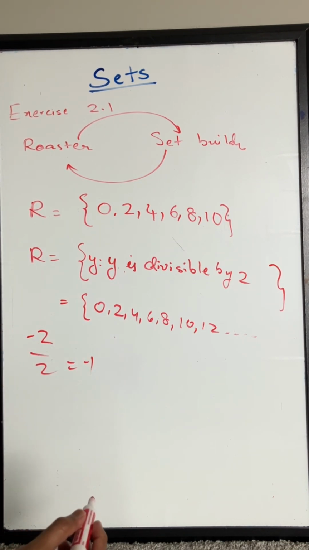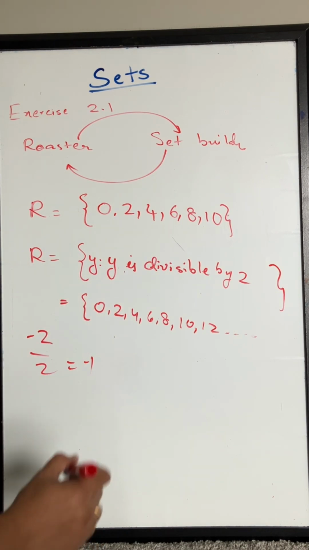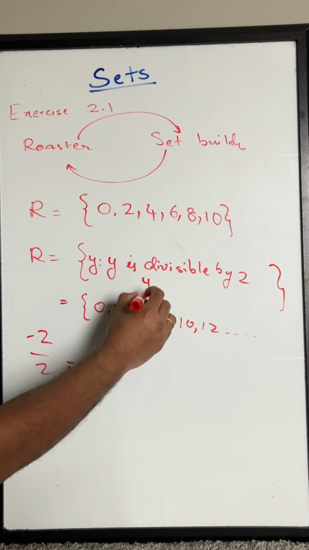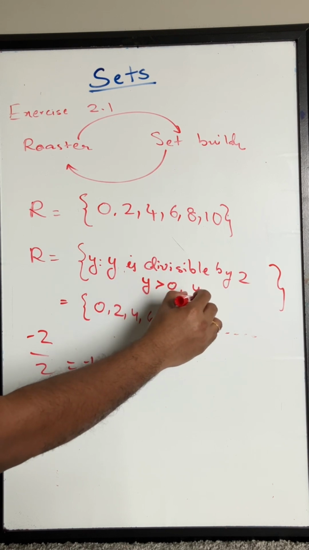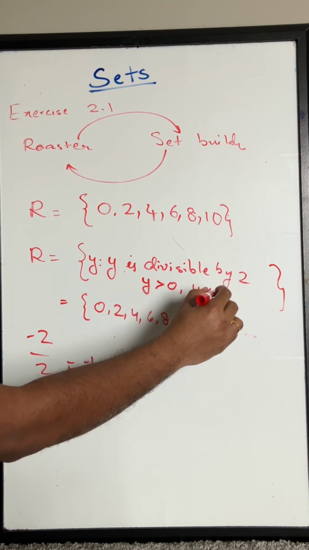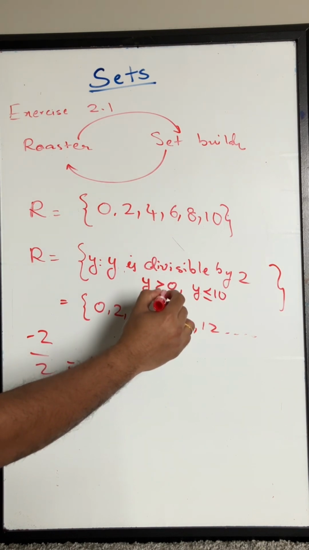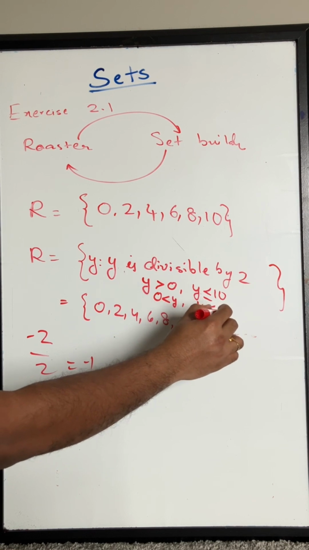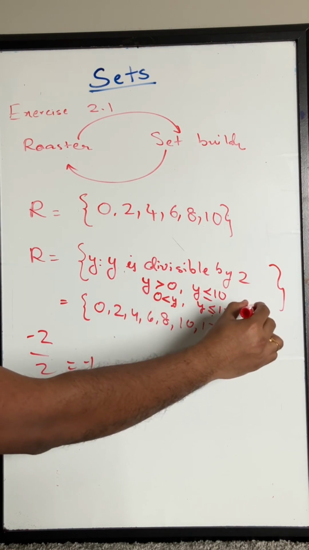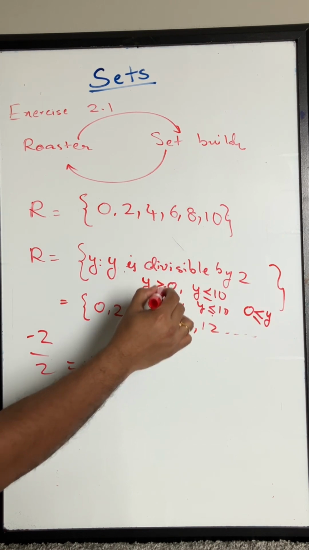To avoid the confusion, what I do is add: Y is greater than 0 and less than or equal to 10. We can mix these two into one statement.